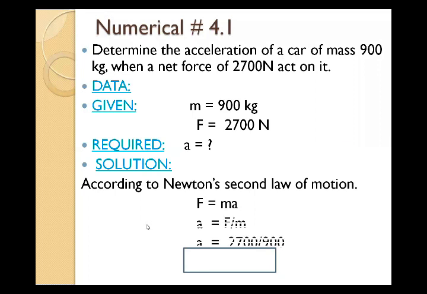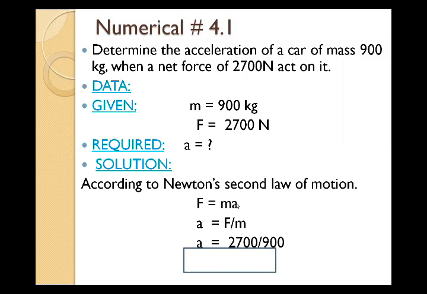And how do we find it? We just arrange the formula. And why do we arrange? Because it's a rule that we have to place the required quantity on one side of the equation and the remaining quantities on the other side. So here we have to find the acceleration.